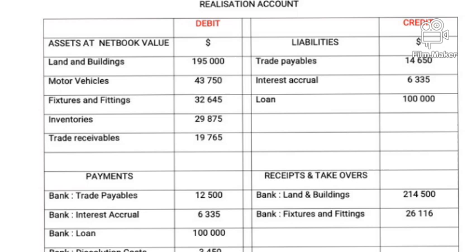So 26,116 is going to be recorded under receipts and takeovers, right? So I'm going to write bank; fixtures and fittings, 26,116, right? Then we move on to note number 2.